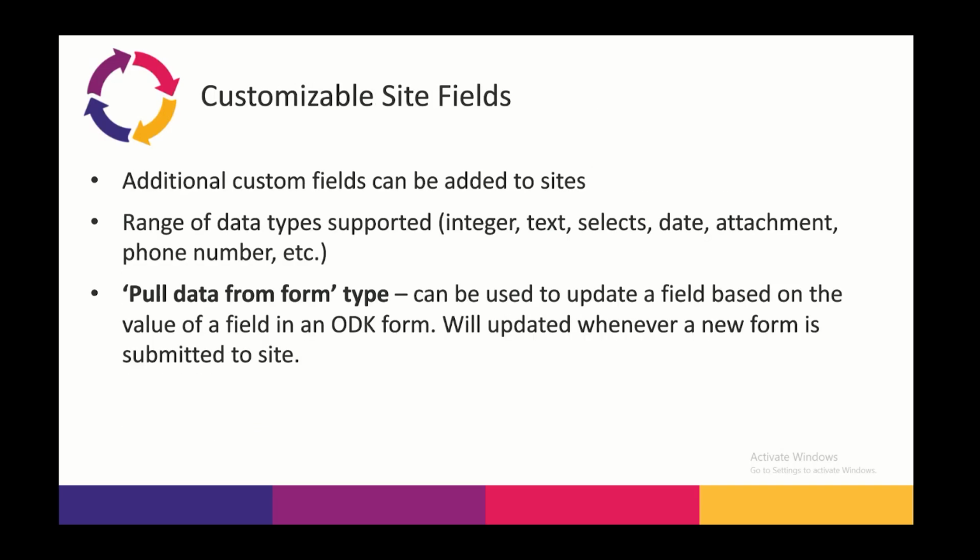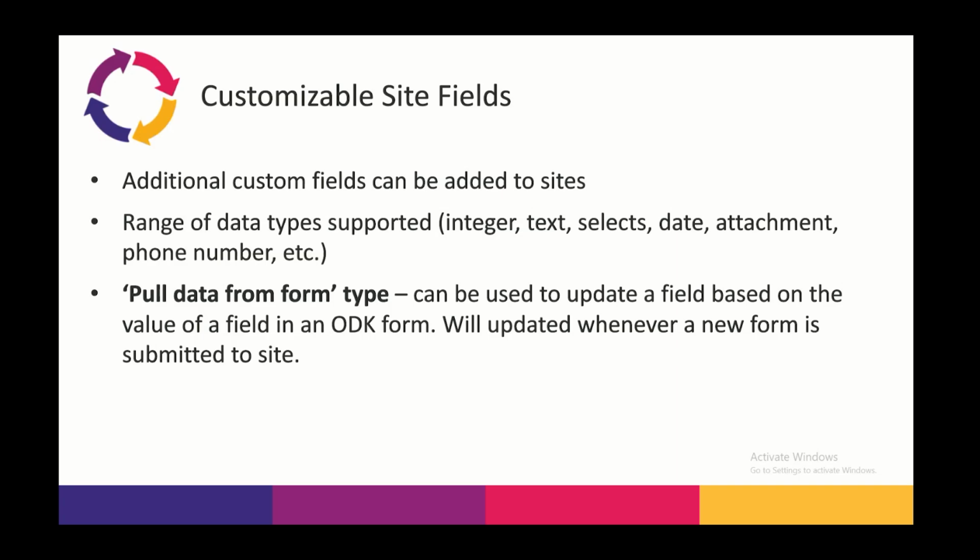Okay, and that moves us on to this slide. So additional custom fields, as I've just said, can be added to sites. You have a range of different data types supported. So that new custom field could be an integer, let's say a number, for example. That could be capacity of site, so 300, let's say, for one site. It could be text. It could be select one, select multiple, for example.